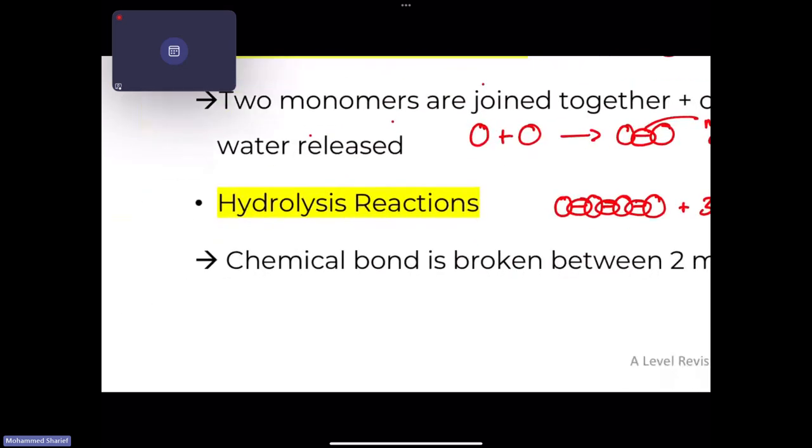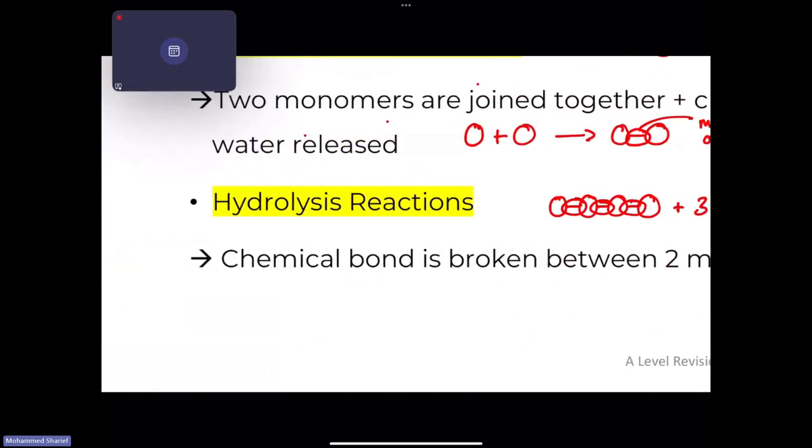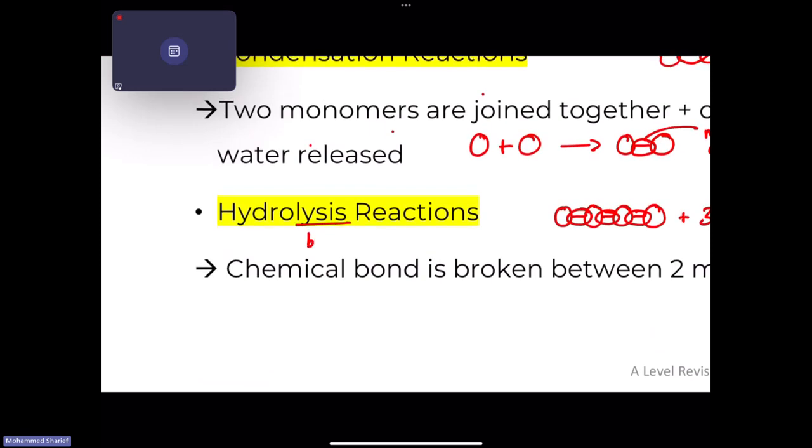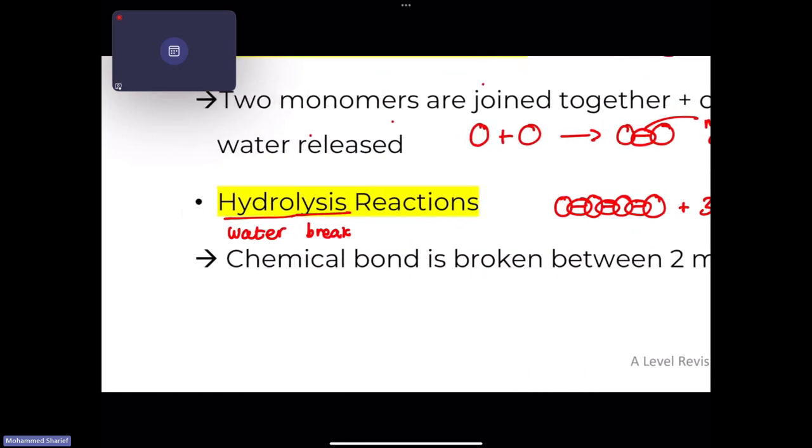So we've got lysis to break and hydro water. So the splitting of a chemical bond using water. That's an alternative way you can remember a hydrolysis reaction: breaking a chemical bond using water.